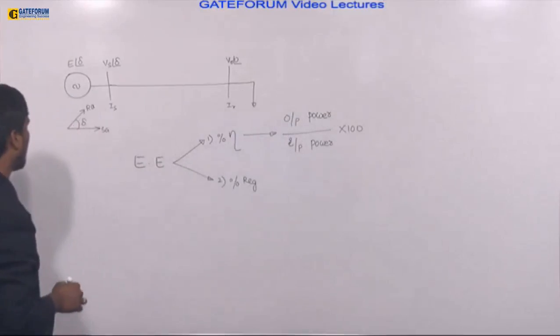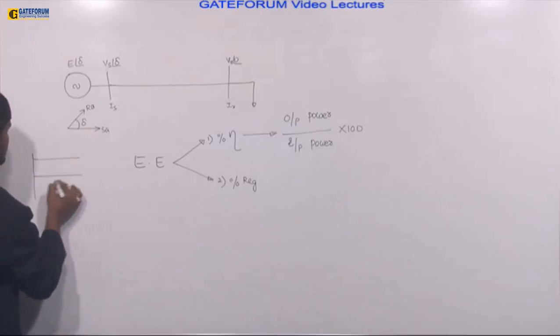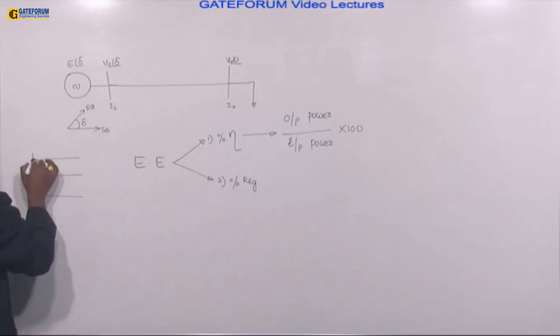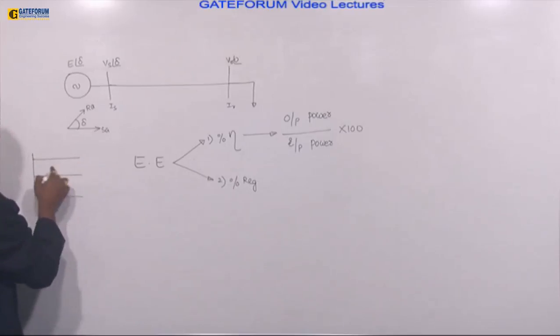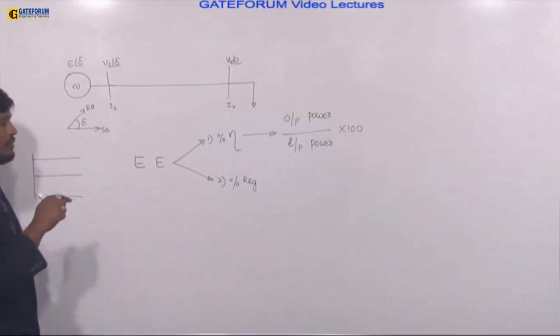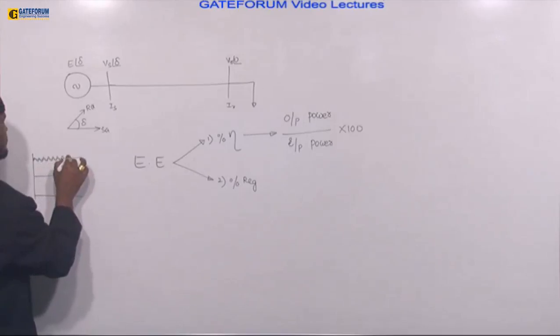First of all, is a transmission line a three-phase system or a single-phase system? Three-phase system. Considering the transmission line from one point to the other, where will resistance be present? As electrical engineers, we always say wherever current is flowing, resistance will be present.